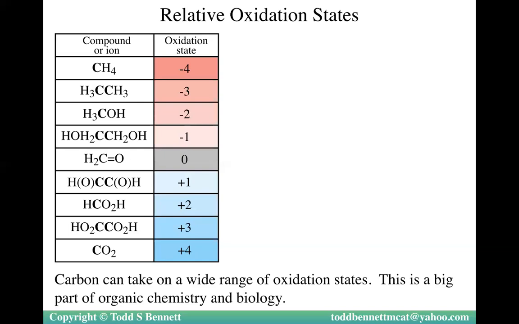And as mentioned, this is a huge part of chemistry and biology, coupled with the fact that nitrogen can also have this wide range. Nitrogen can go anywhere from -3 to +5. Because of its vast array of oxidation states, it is also really important in the bio scheme, although carbon is more important. Carbon molecules are typically what we oxidize and or reduce.